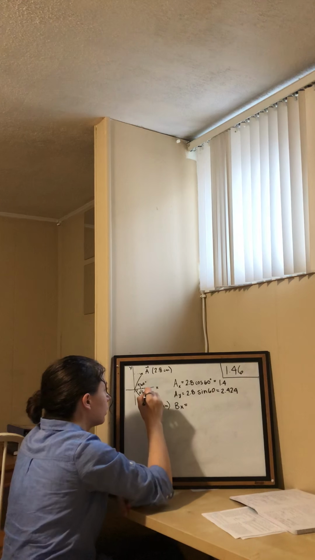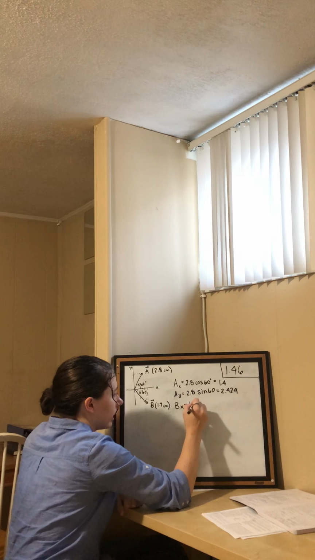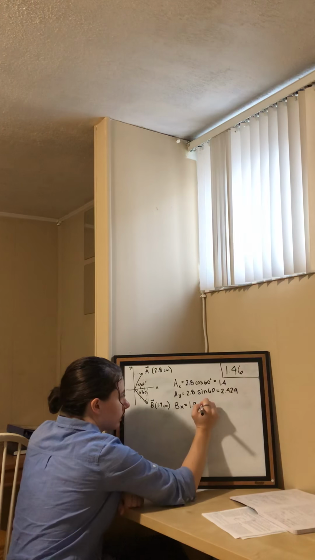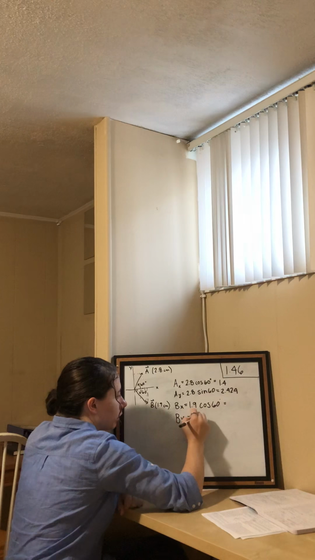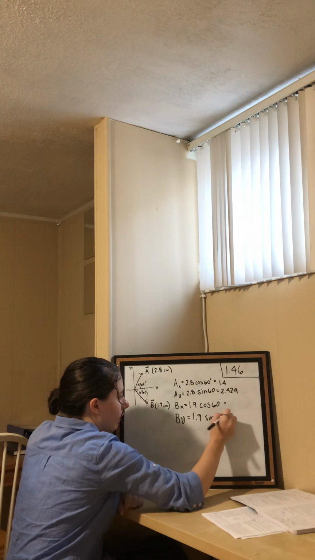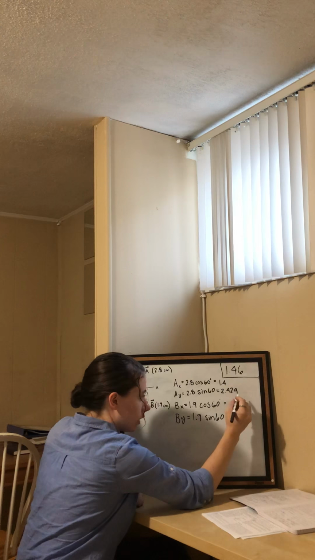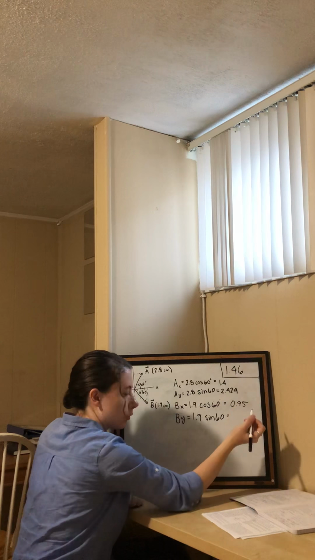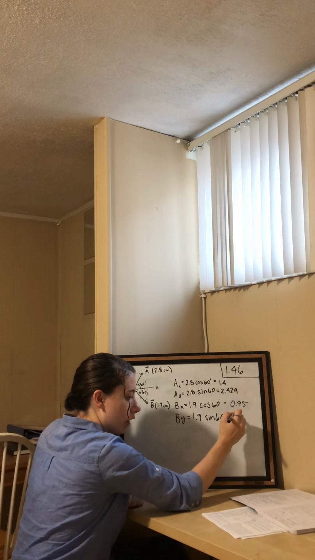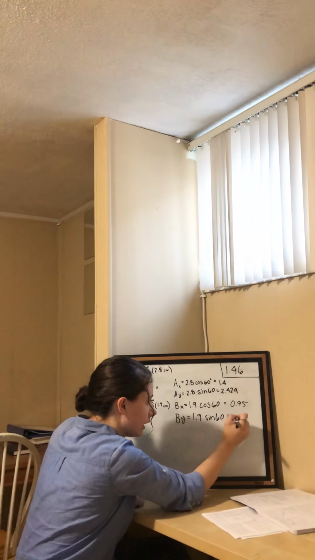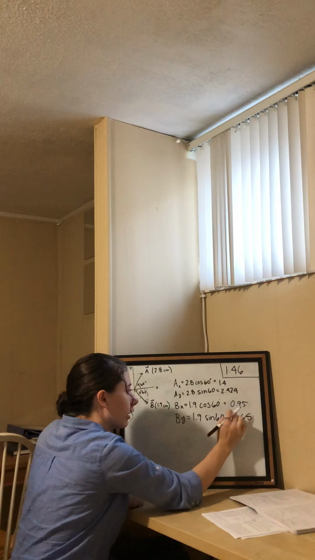So we would take 1.9, this vector magnitude, times the cosine of 60, and the y component would also be 1.9 times the sine of 60. So that would be 0.95 for the x component, and negative 1.65 for the y component.